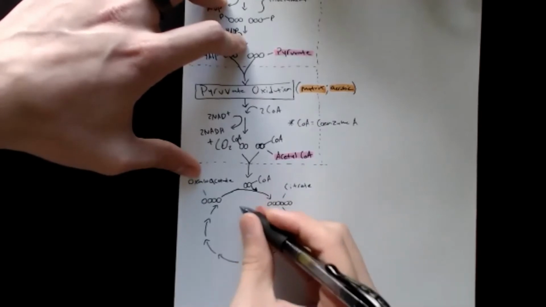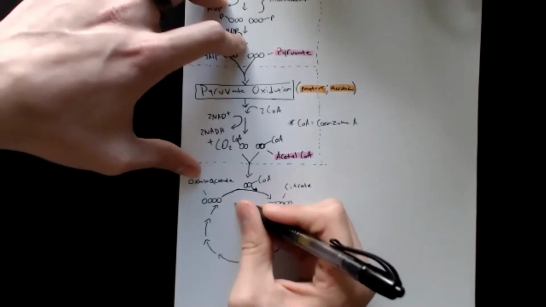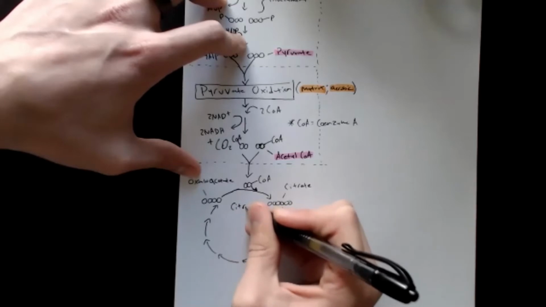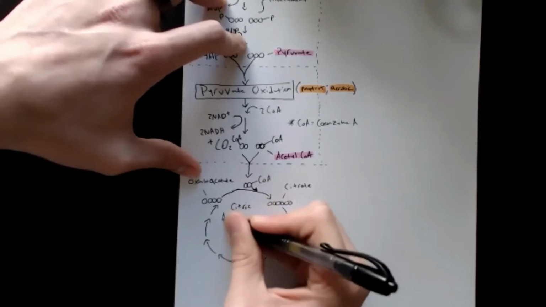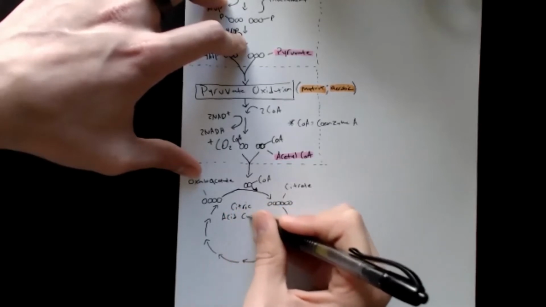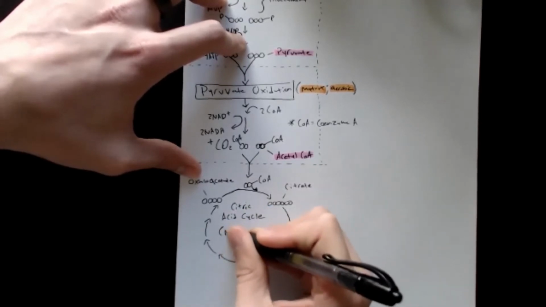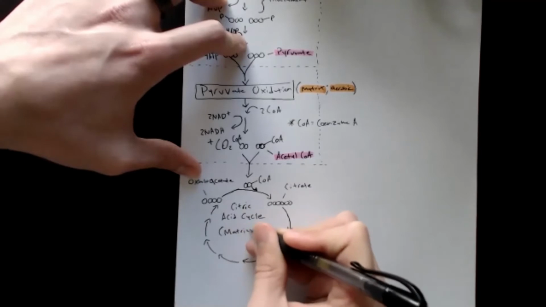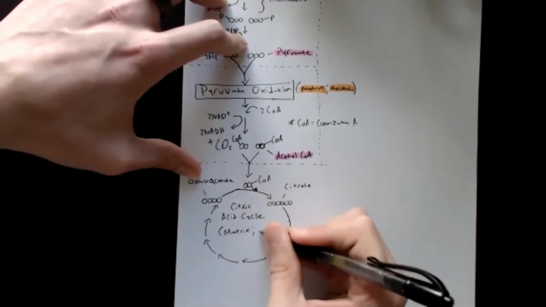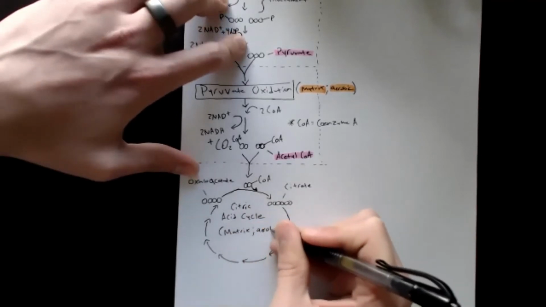And let's label this citric acid cycle. Citric acid cycle is going to happen in the matrix of the mitochondria, and it's going to be aerobic.